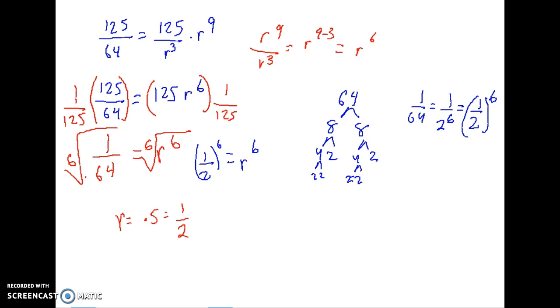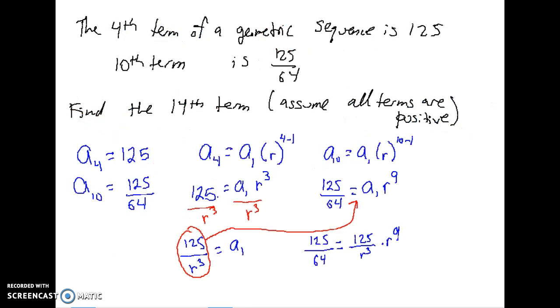Going back to the original question, it's asking us to find the 14th term. So let's find the 14th term. Let's get a new page. We're going to say a of 14.